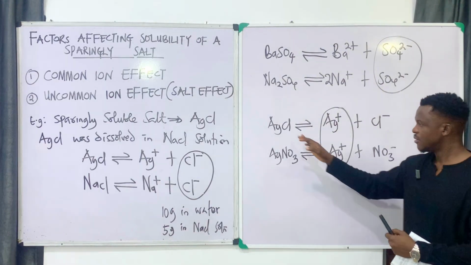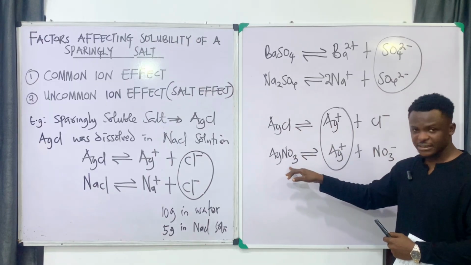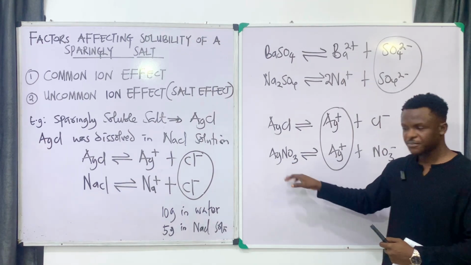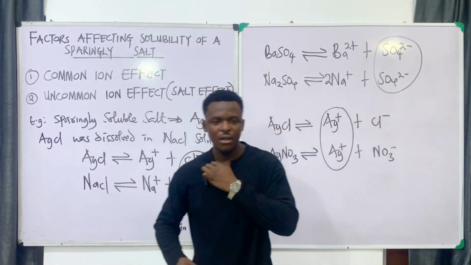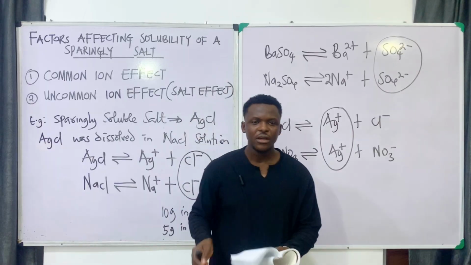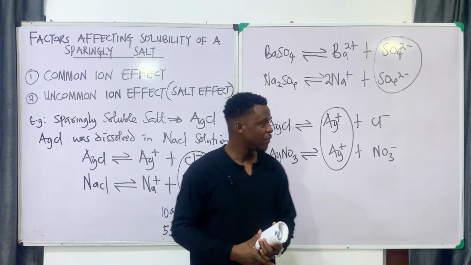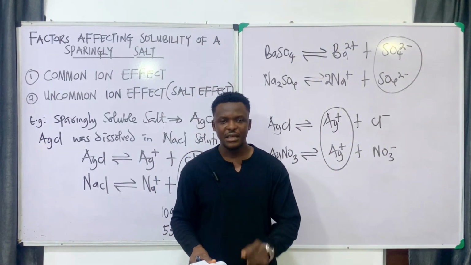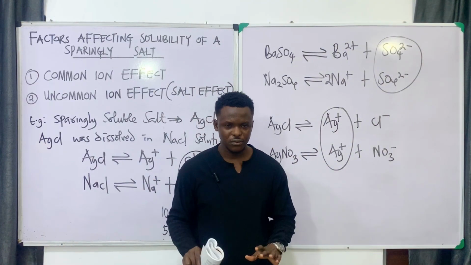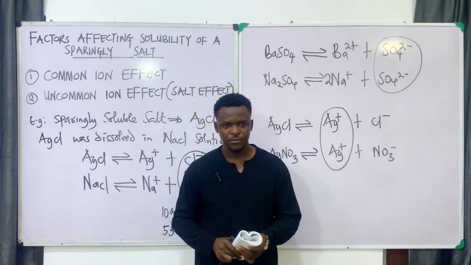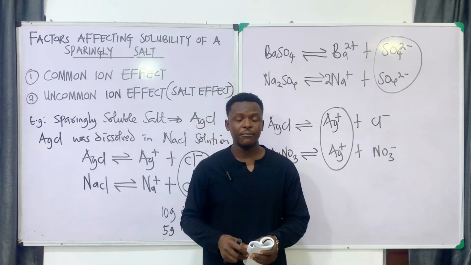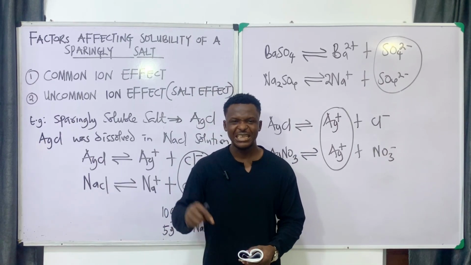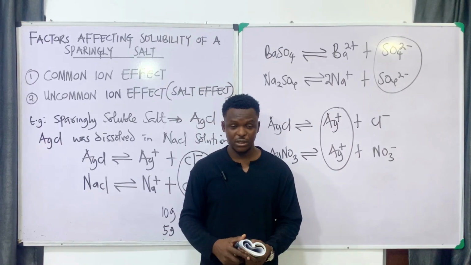So the solubility of AgCl will decrease in the presence of AgNO3. Class, please take note that the solubility of a sparingly soluble salt will decrease in the presence of a common ion. I believe that is self-understood. They might ask you: in the presence of a common ion, the solubility of a sparingly soluble salt decreases or reduces. Do you understand?